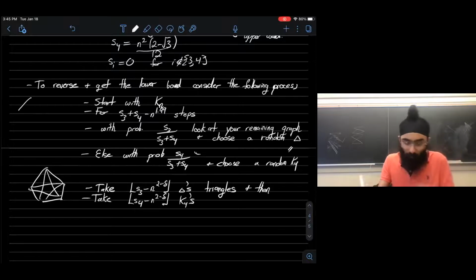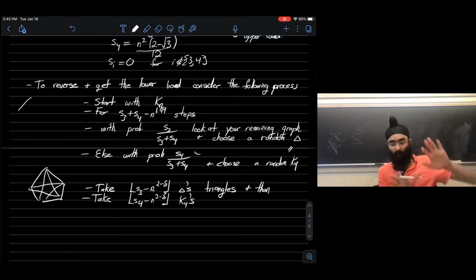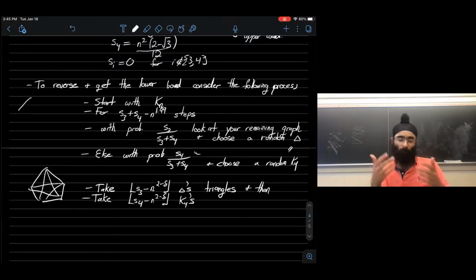So instead of randomly doing S3 or S4, you do the triangles first and then the K4s. And once you account for the number of orderings, it gives you the same number of ways. And this follows from known results on what's called the triangle removal process and the K4 removal process. You just count the number of distinct outcomes and that's it.